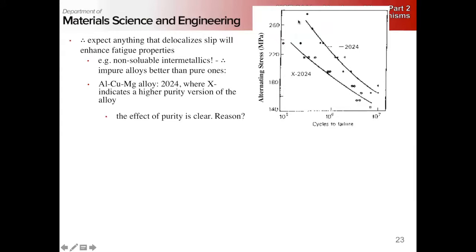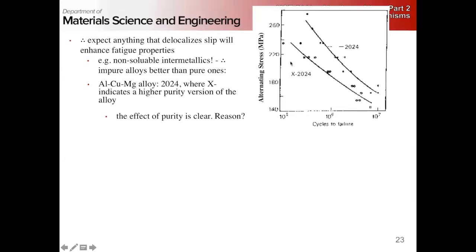So here's a quick example of that, where we have alloy 2024, which is the aluminum copper system, alloy X2024, where the X is high purity, and we can see that the standard alloy has a higher, for any given stress value, has a higher cycles to failure.